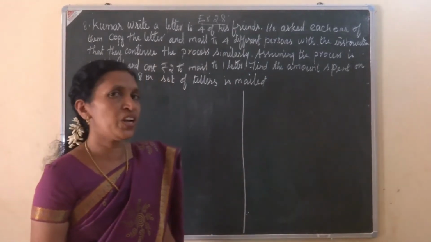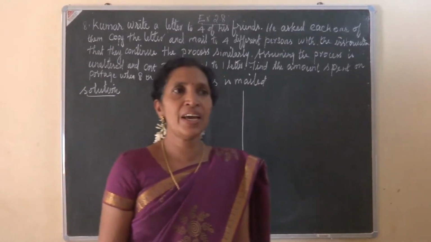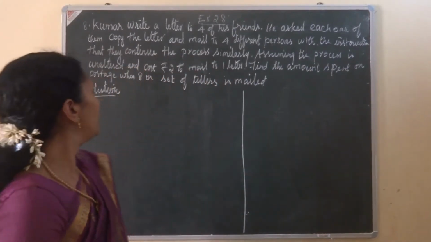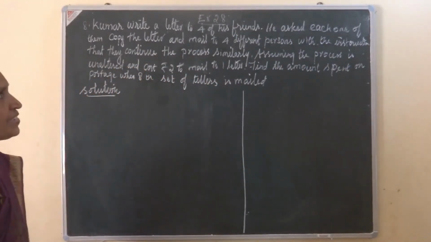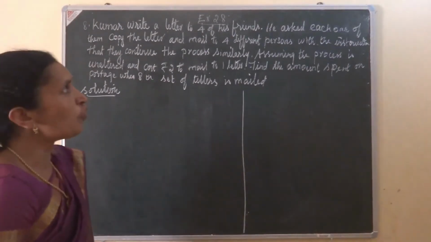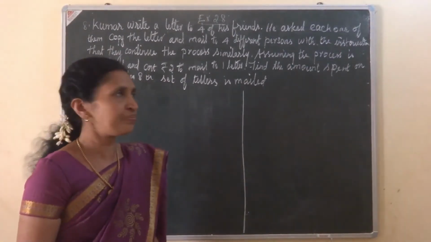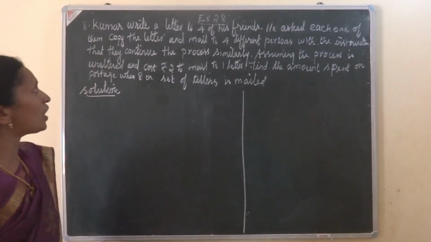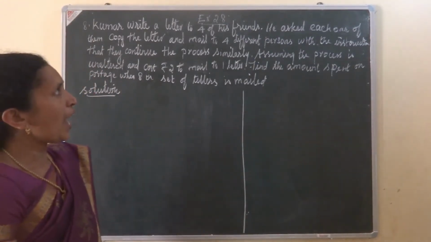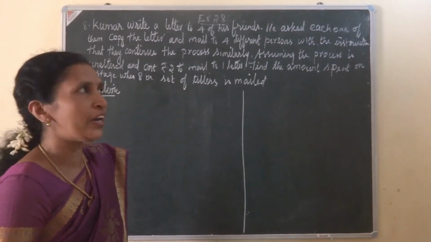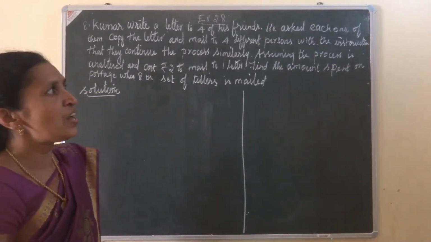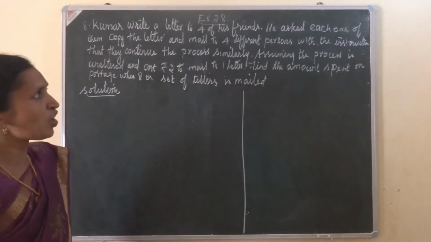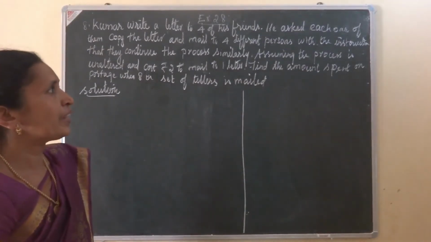Today we are going to learn exercise 2.8, 8th question. What is the question? Kumar writes a letter to 4 of his friends. He asked each one of them to copy the letter and mail it to 4 different persons with the instruction that they continue the process similarly.